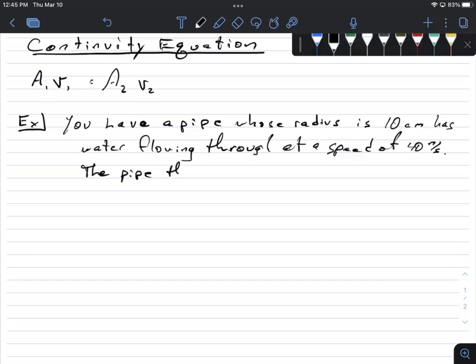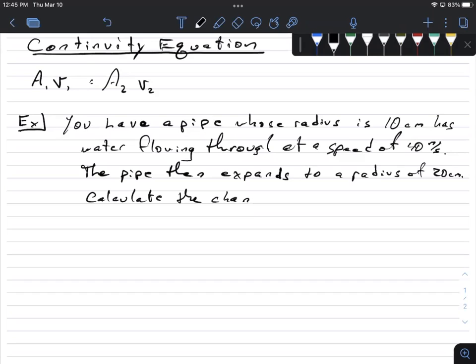The pipe then expands to a radius of 20 centimeters. Calculate the change in pressure in the fluid.